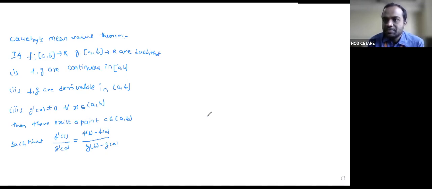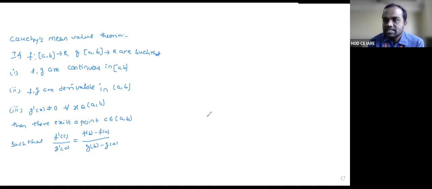Now we are discussing two functions. Two different functions are defined here. Cauchy's mean value theorem: if f of x and g of x are two functions satisfying Cauchy's mean value theorem, they satisfy three conditions.